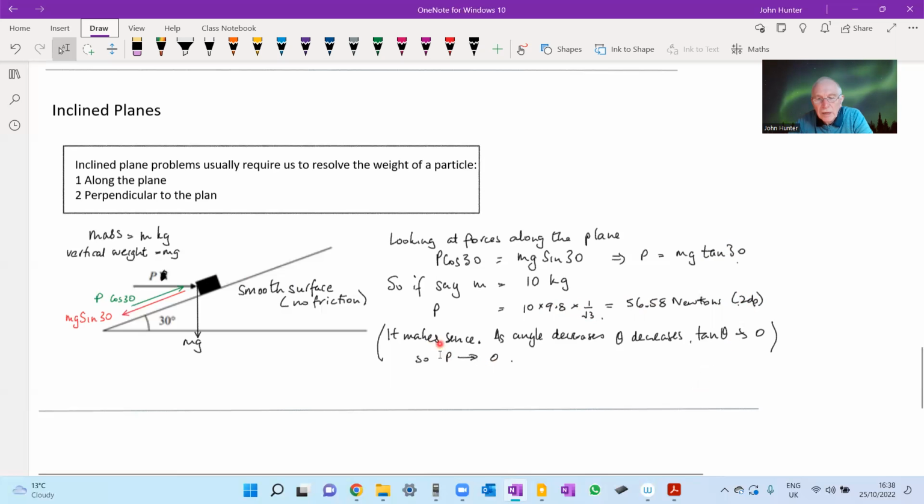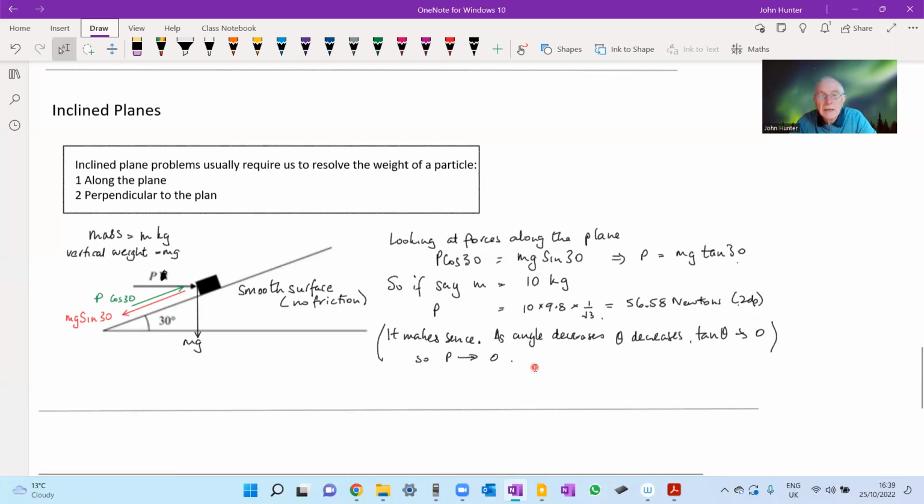That makes sense, because as this angle decreases, if we did the whole thing at a shallower angle, then theta is going to decrease, and therefore tan of theta is going to get less and less and tend towards 0, in which case the force P would tend towards 0. It would have to, otherwise we're pushing it up the plane.